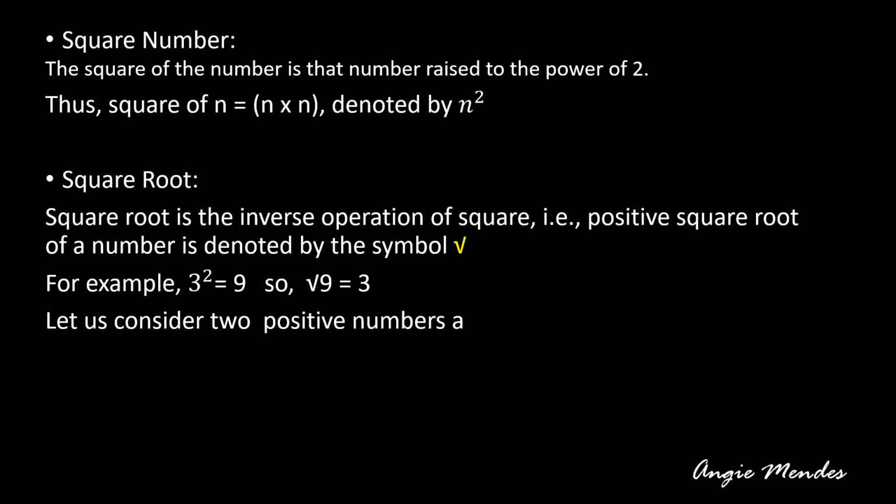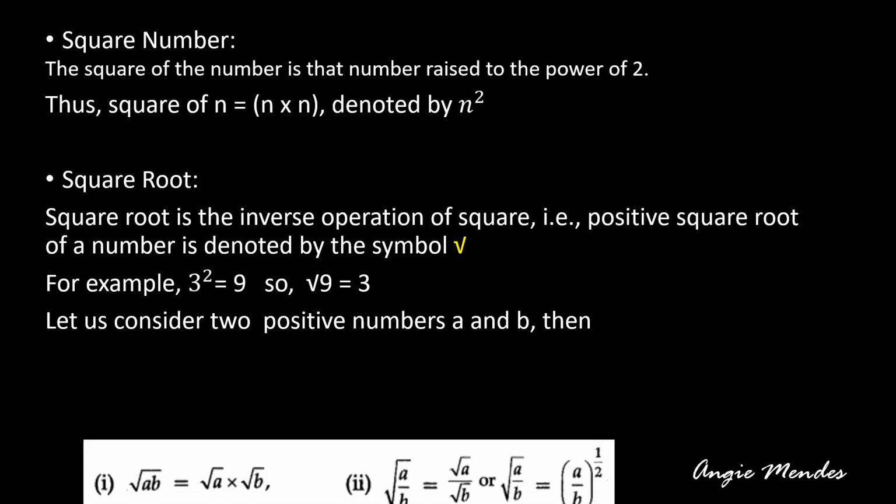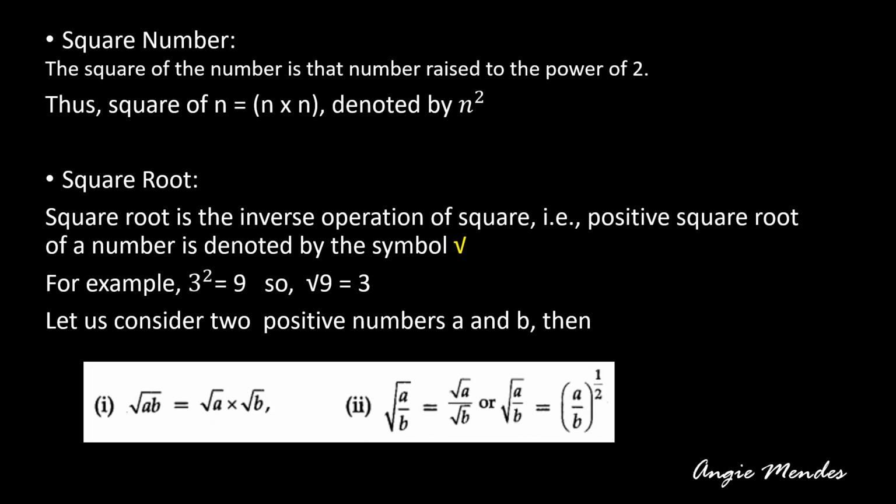Let us consider two positive numbers a and b. Then the square root of ab is equal to the square root of a multiplied by the square root of b, because here it is ab, it is the product of these two numbers. So we can express it as the square root of a multiplied by the square root of b.